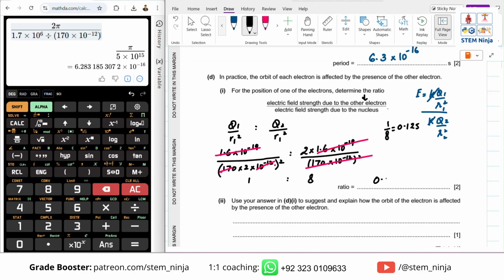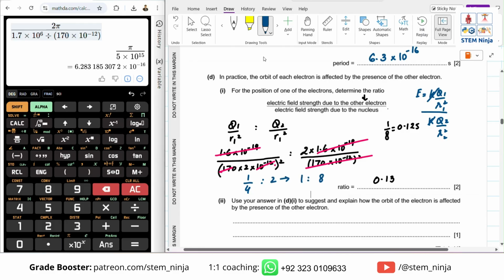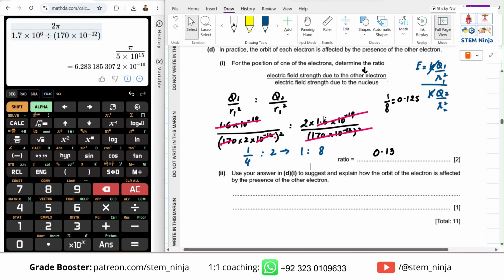So you could write it as 0.13. Just if you feel that I made a jump over here, this is 1 over 2 squared, which is 4, and this is 2, so this is simplified as 1 over 8. Okay, this was straightforward.